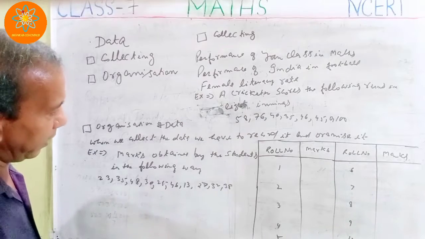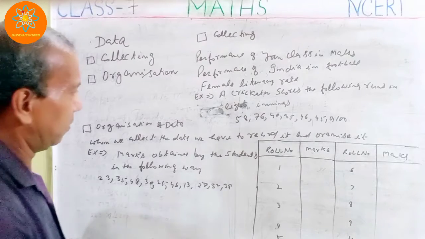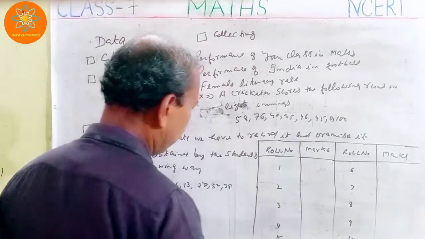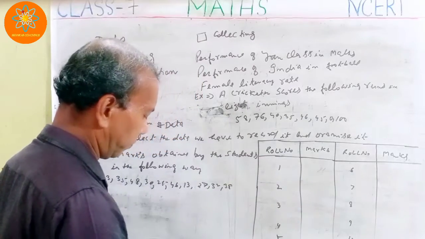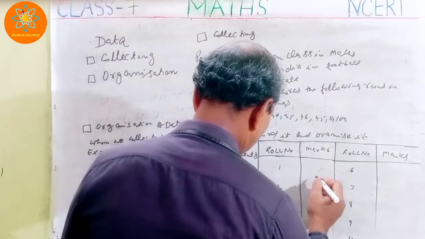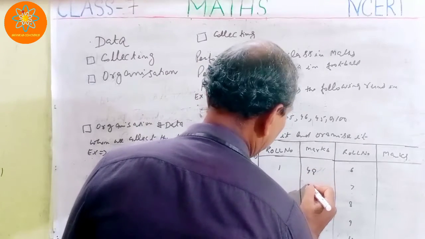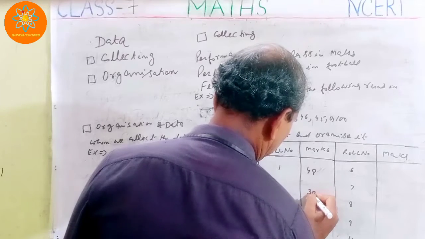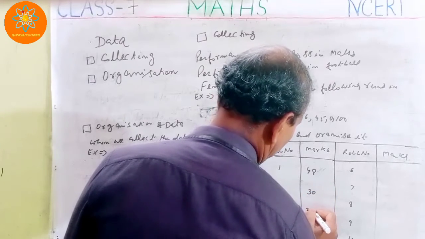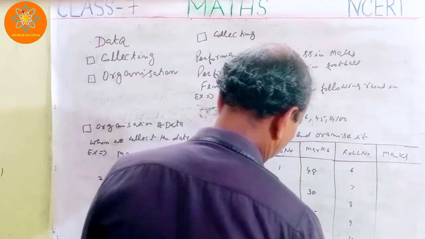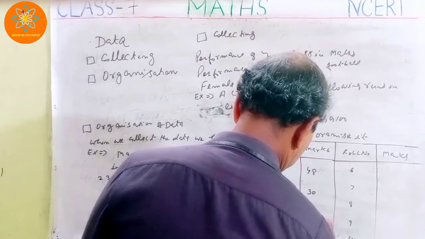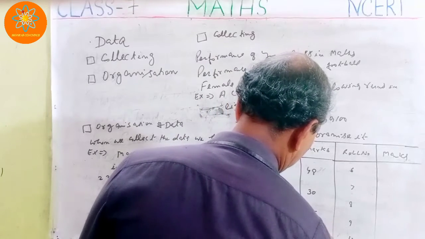Now I am organizing it. Organizing means the roll number and the marks which I got. Roll number 1, 48, 30, then 25, 46 and 30.